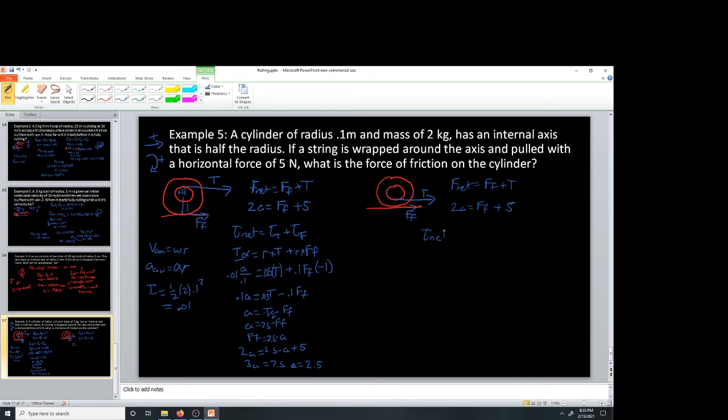Torque net in this case though is still torque tension plus torque of friction. I alpha equals r cross t plus r cross force of friction. But in this case, they're both negative. They're both trying to make it spin counterclockwise.